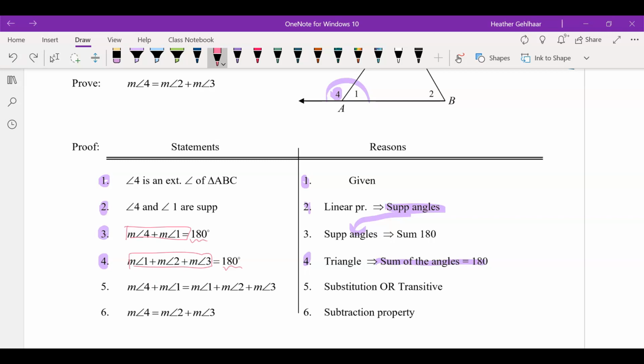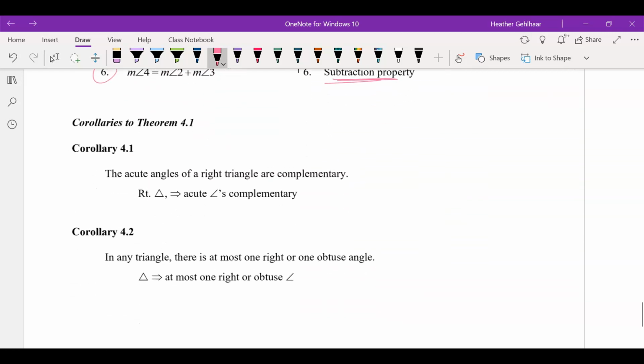Oops, wrong one. Plug that into there and this over here and set them equal. And then from there we can solve. So we can subtract the measure of angle 1 minus the measure of angle 1. Those cancel, right? Because it's the subtraction property. And then we finally get what we are looking for. The measure of angle 4 equals the measure of angle 2 plus the measure of angle 3.